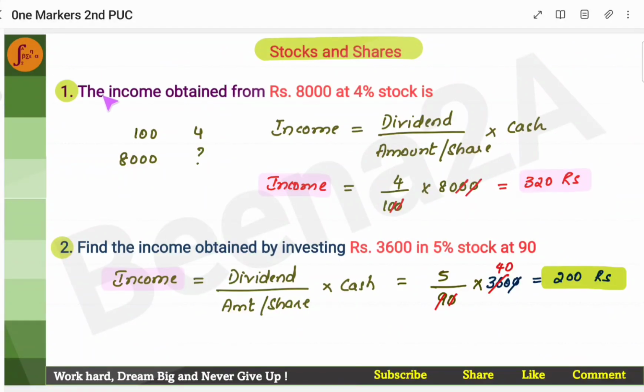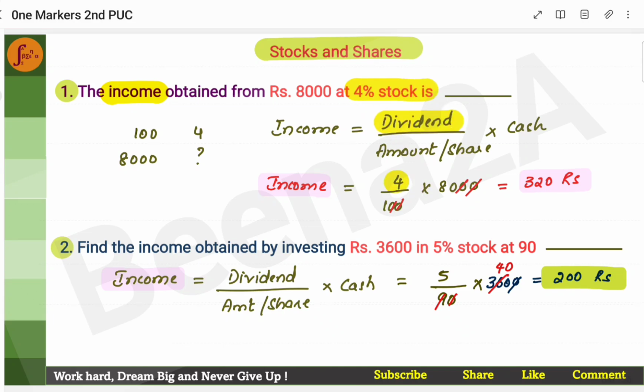The first one: the income obtained from rupees 8,000 at 4% stock is. First observe what kind of question it is. The question is to find income. What is the income formula? Income is equal to dividend by amount per share into cash. Dividend is always given in percentage, so this 4% is the dividend.